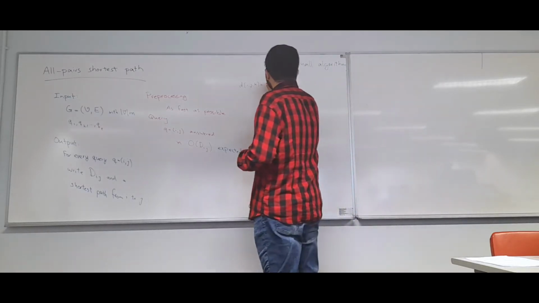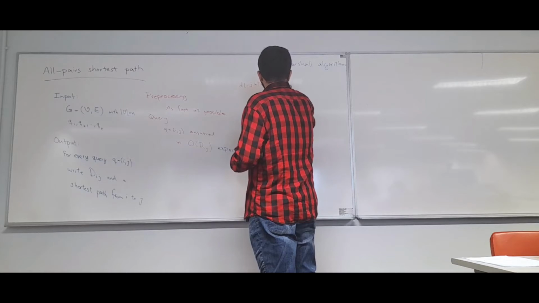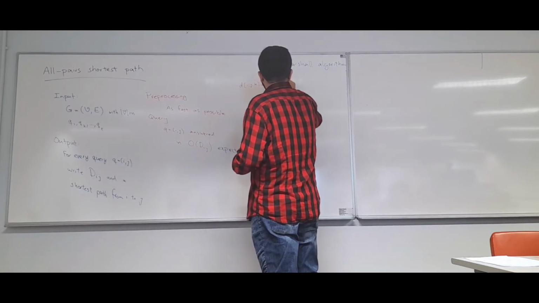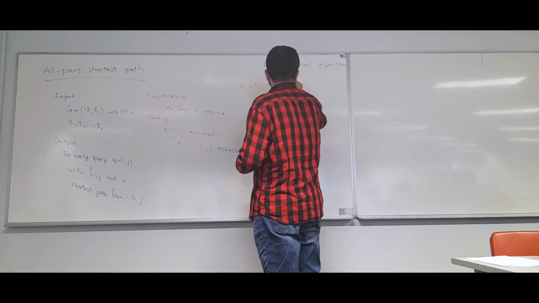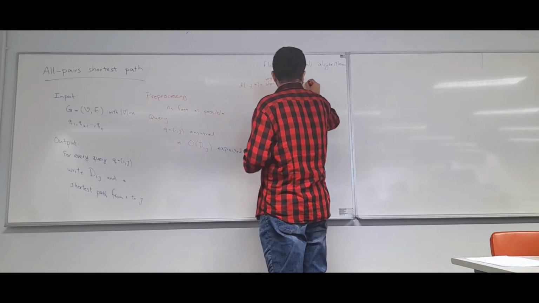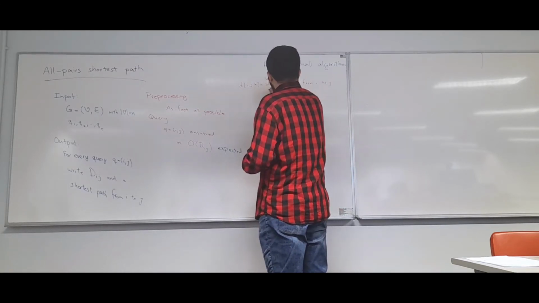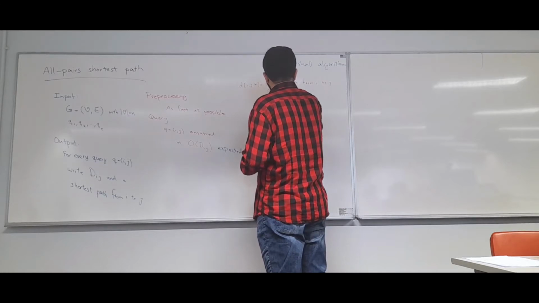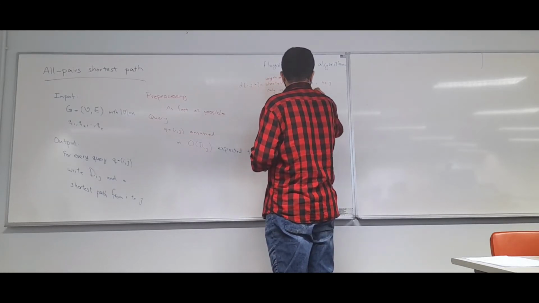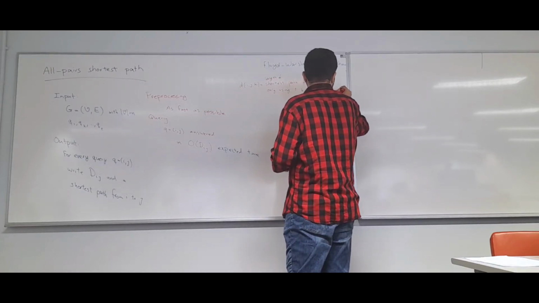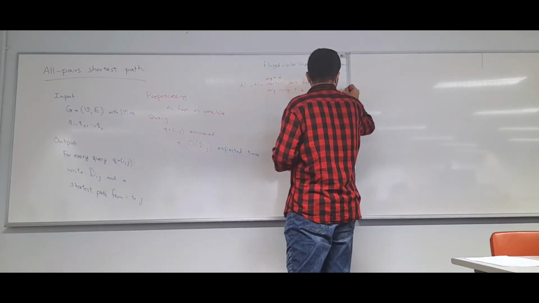So this is actually the length of the shortest path from i to j, only using the vertices from 1 to k as internal vertices in my path. Okay.